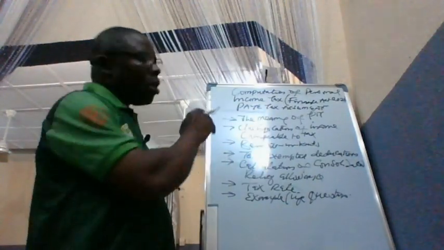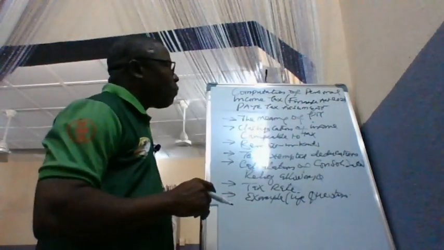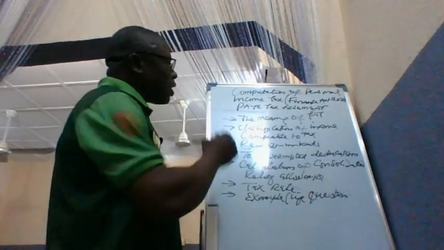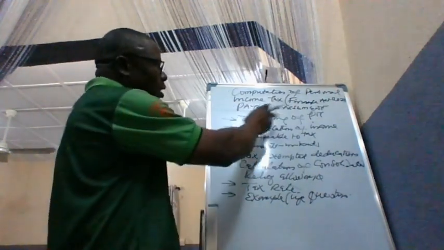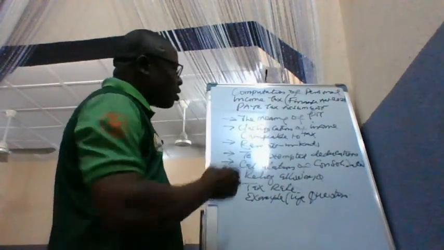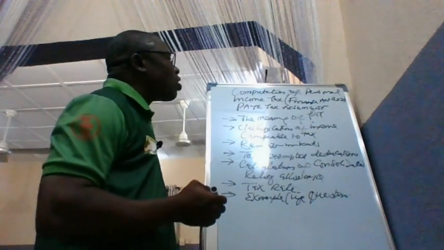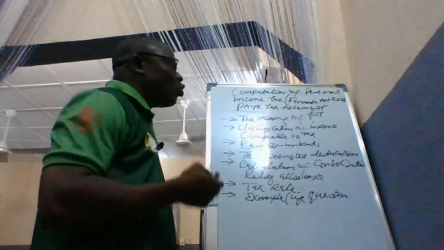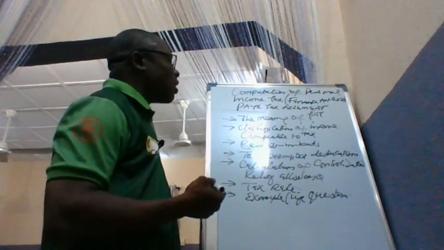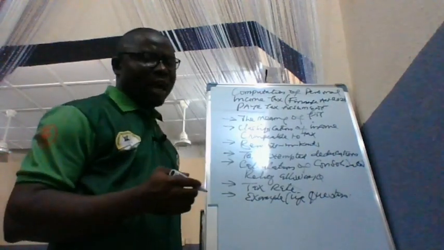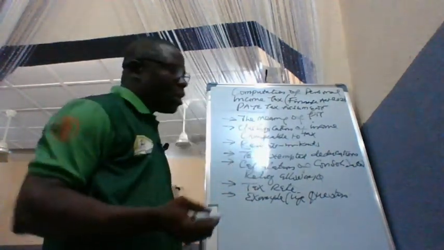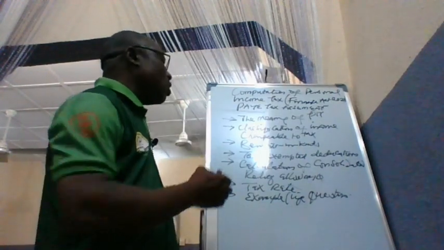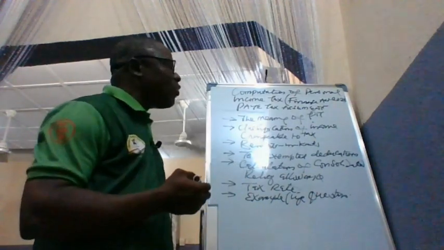So under these computations of personal income tax based on Finance Act 2020, we shall consider number one, the meaning of personal income tax. Two, the classifications of income chargeable to tax. What are those incomes that should be subject to taxation? Then benefits in kind, which is part of the earned income that an employee enjoys, and the contents of the benefit in kind.